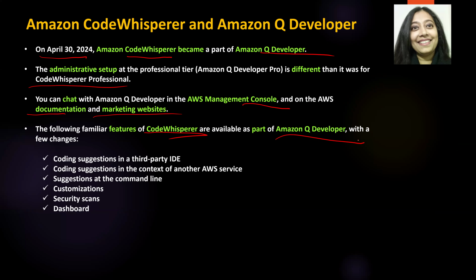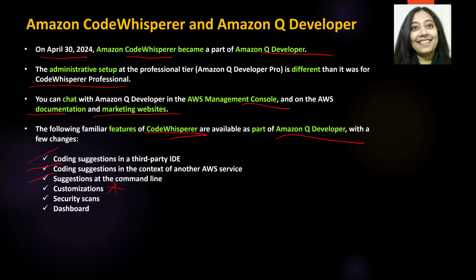First is, of course, coding suggestions in an IDE, then coding suggestions in context of an AWS service, suggestions at a command line, customizations. Now, customizations over here, if you've worked with Code Whisperer, it's pretty similar in Q Developer as well.